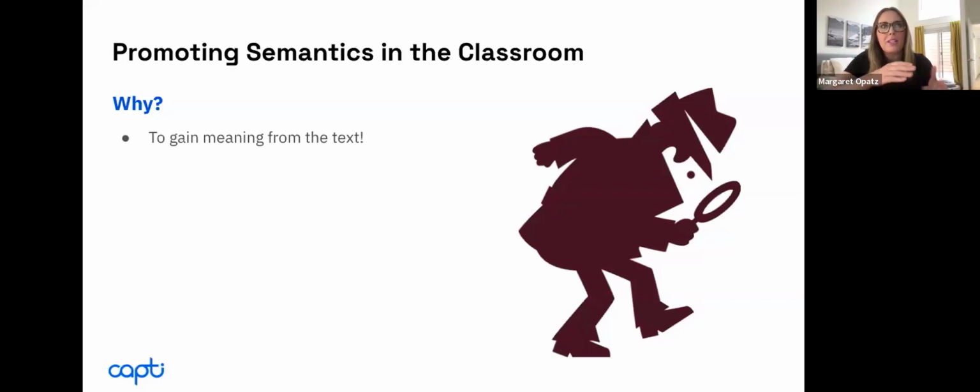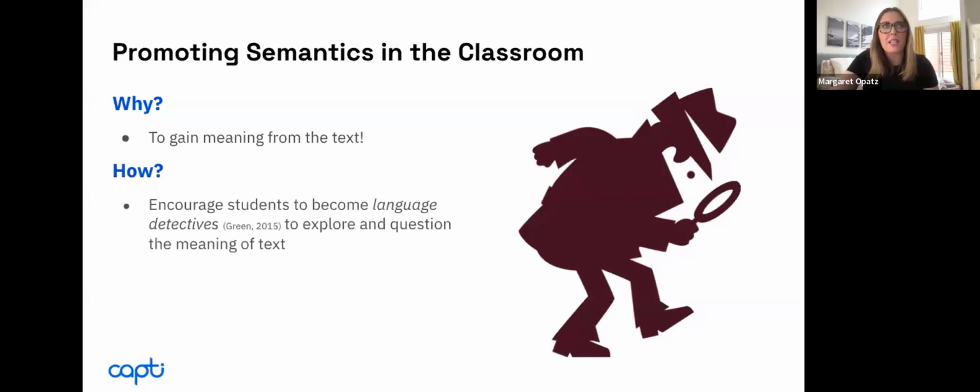But I want to break it down to the sentence level and even phrasal level to say, what's the meaning that we're getting from this three-word part of the text, this phrase? What does that mean? So we're going to promote semantics to gain meaning from the text at various levels of understanding.